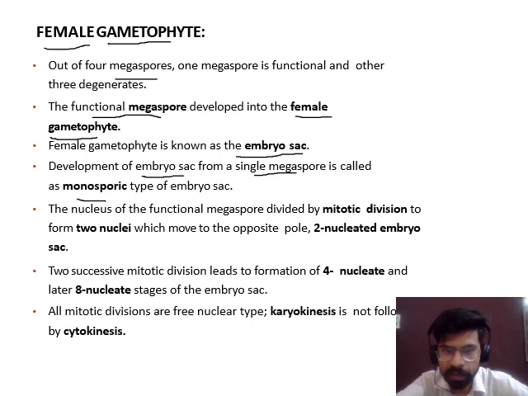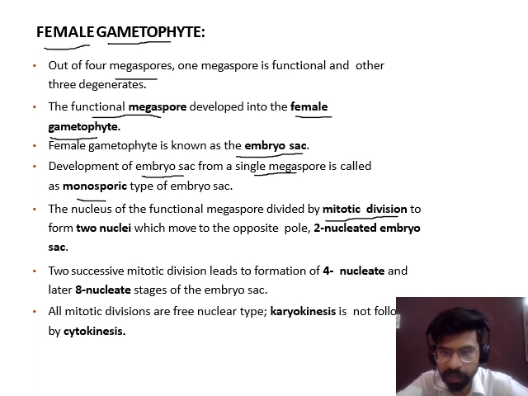the division that takes place in the formation of the embryo sac is known as mitotic division. In the +1 class, in cell cycle and cell division, we have already studied mitotic and meiotic division. Mitotic division is equational division and meiotic division is reductional division.